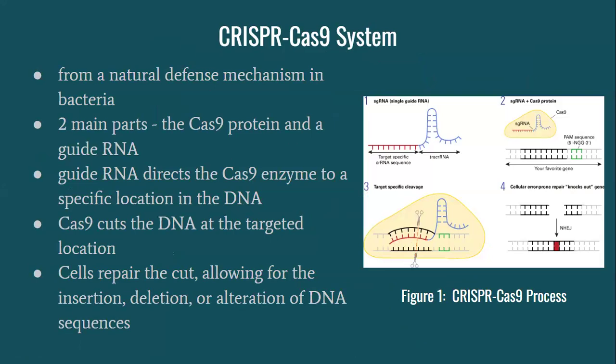This system was adopted from a natural defense mechanism in bacteria, where this short sequence was integrated into the bacterial genome by a bacteriophage. And this system can actually eliminate similar bacteriophages when they enter the bacteria's body. So using this kind of cutting mechanism, we were able to actually do gene editing.